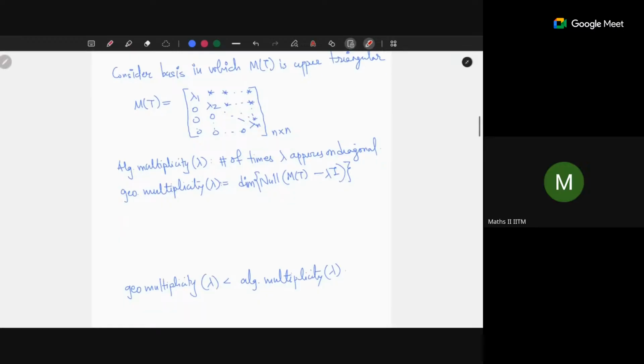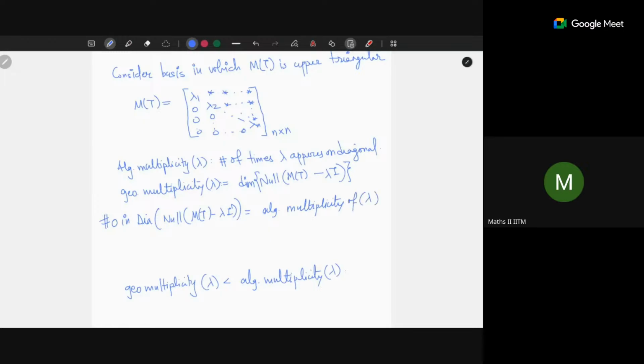Now, if you look at this matrix T minus lambda I, look at the diagonal of T minus lambda I. What you will find is that the number of zeros in the diagonal of this will be the same as the algebraic multiplicity of lambda.